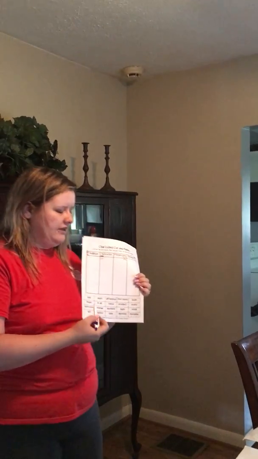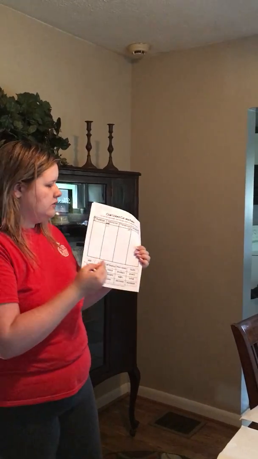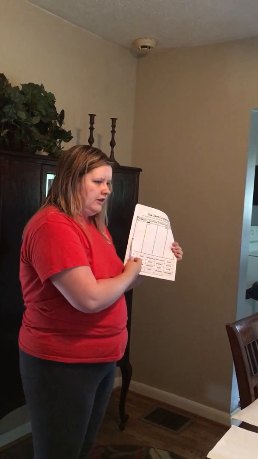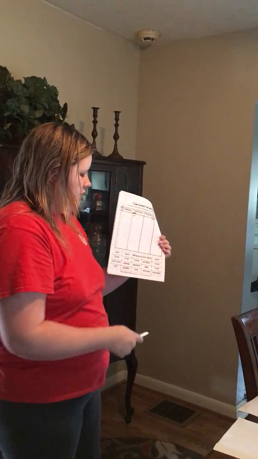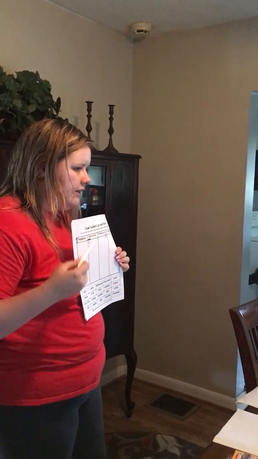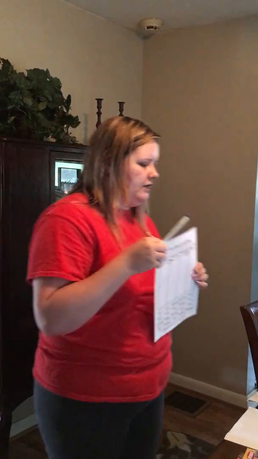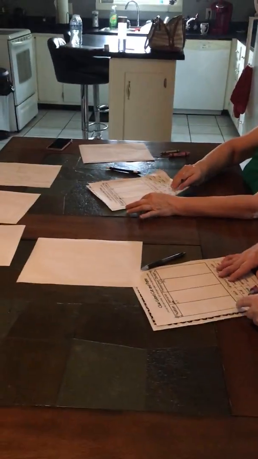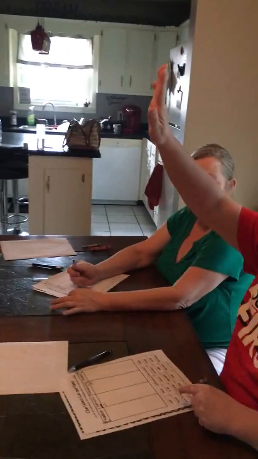Now we just went over these 2 times. So you're going to try to fill in the word in the column that it goes in, with one color. So let's go ahead and do that. You want me to write the word up here or color it? Write the word.